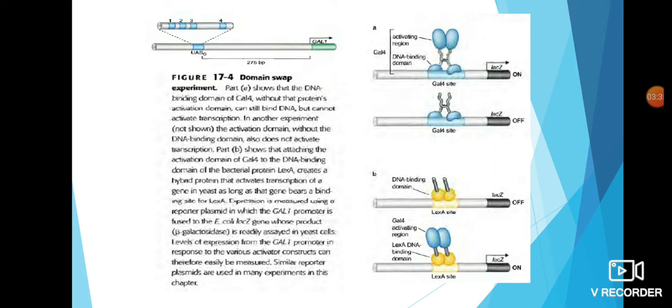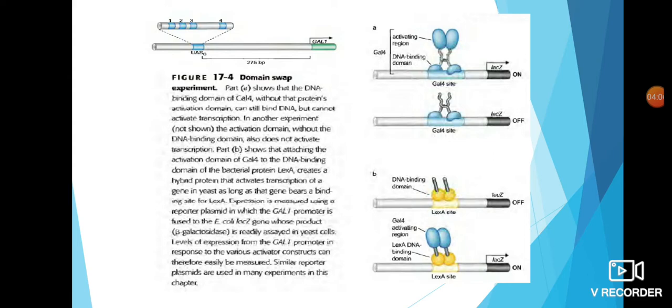This is the characteristic. Now, taking this model, scientists have created some constructs, which are on the right hand side. The LacZ gene is a reporter gene expressed under the influence of the GAL1 promoter. In this model, the GAL1 promoter name is not there, but you have to imagine that the LacZ gene is expressed under the influence of the GAL1 promoter, and what is present upstream is the GAL4 binding site.